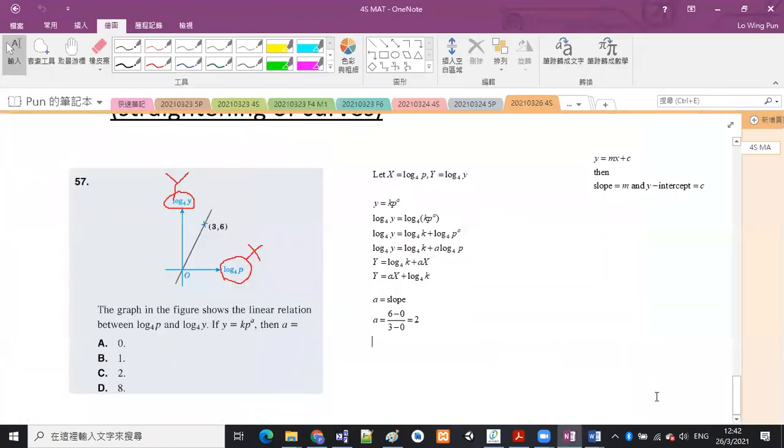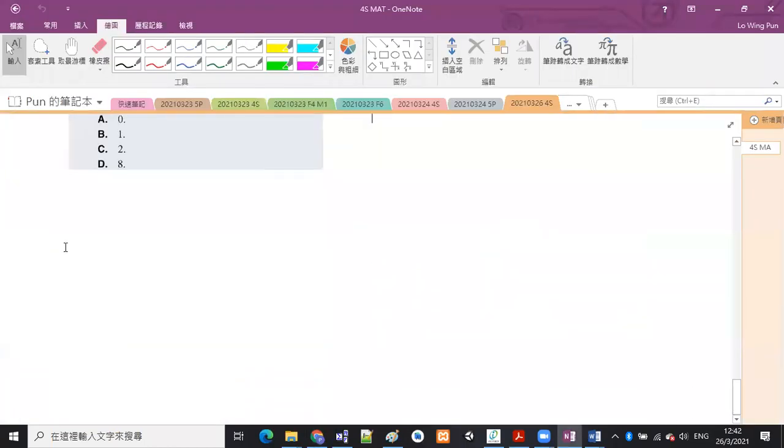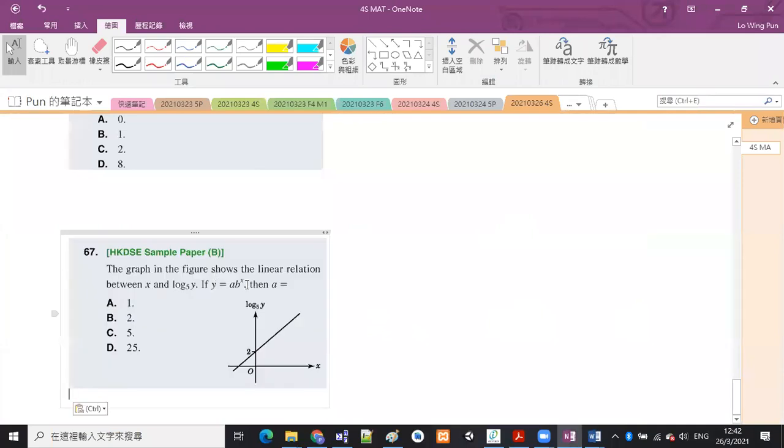So this is 67. The graph in the figure shows the linear relation between x and log y base 5, and y equals a times b to the power x. The question asks you to find a only.